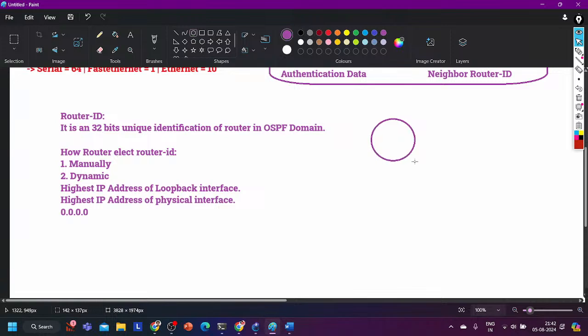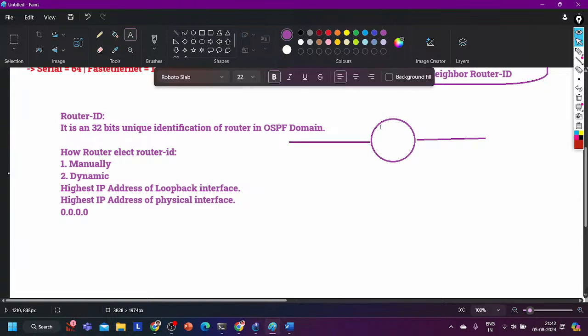So here I have one router, guys, and on this router I have physical interfaces. Let's say two physical interfaces are there, 1, 2. This is R1. On R1 F0/0, my network IP address is 10.1.1.1/24.